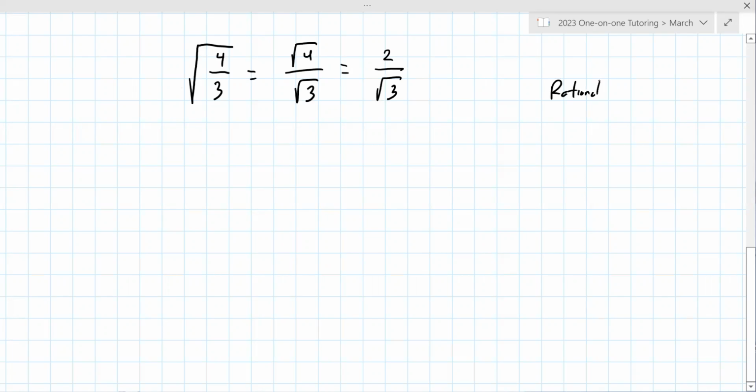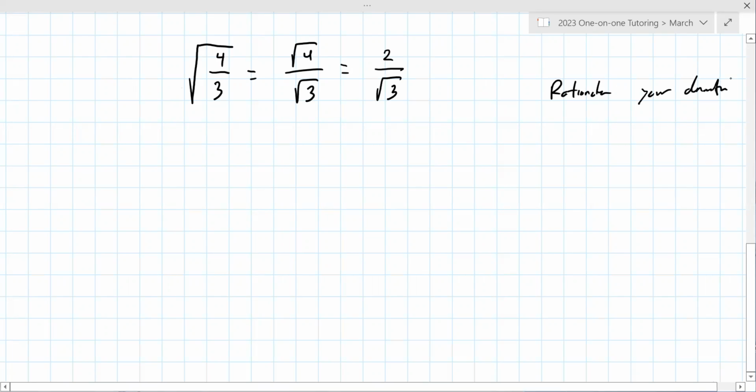Let's say your answer was something like the square root of 4 over 3. You can take the square root of 4, but you cannot take the square root of 3. So the square root of 4 is 2. And this is where you need to rationalize your denominator.